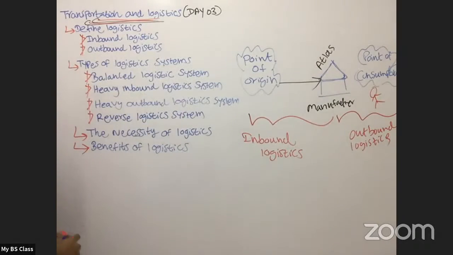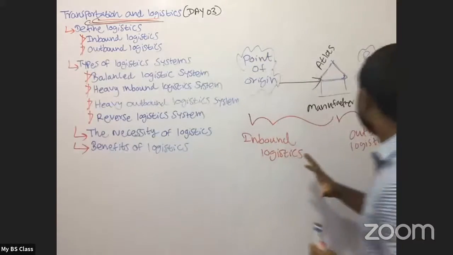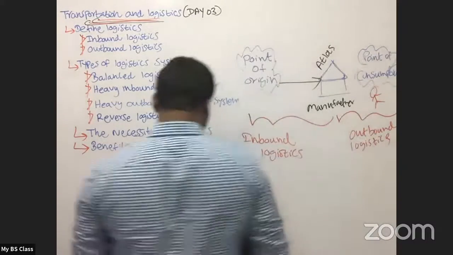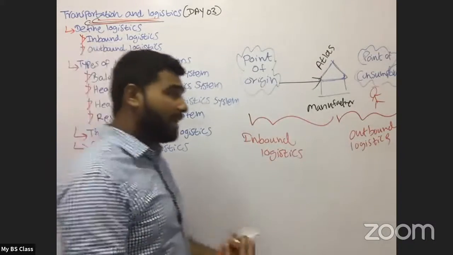So it's all about the point of origin to the point of consumption. Now, from the inbound point of view, who can we have? Look here. We might have suppliers.